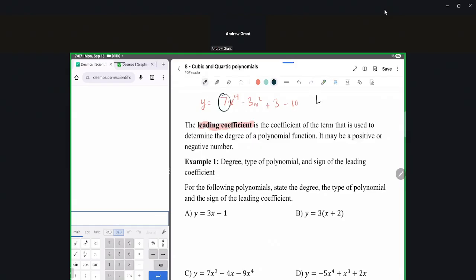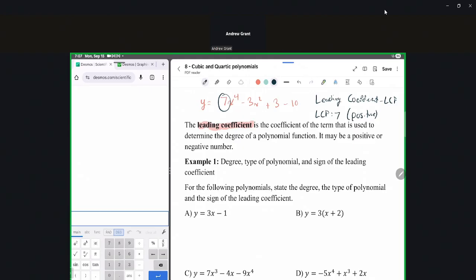We'll call it the leading coefficient, or LCF. We'd say that the leading coefficient here is positive 7 specifically. And we care not about the value 7, but about whether it's positive or negative.